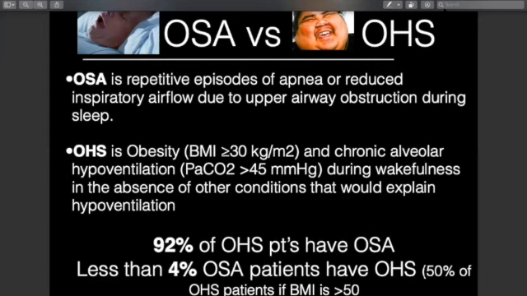Now, these are comorbid conditions, and most people with obesity hypoventilation syndrome have coexisting OSA, but it's pretty infrequent to have OHS without OSA. But when you have a patient who has OHS, it has a lot of implications for your management.